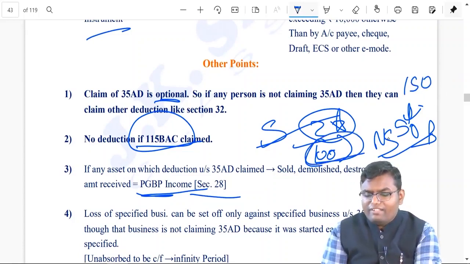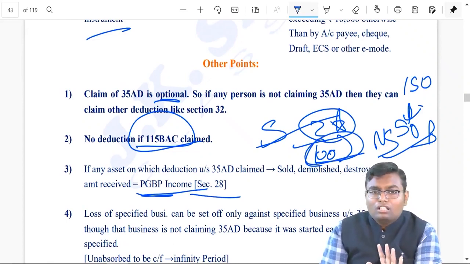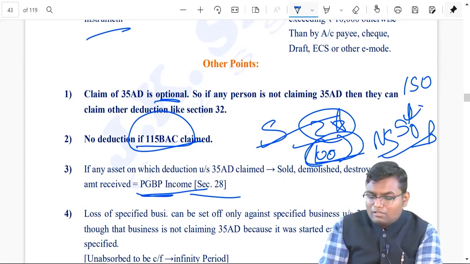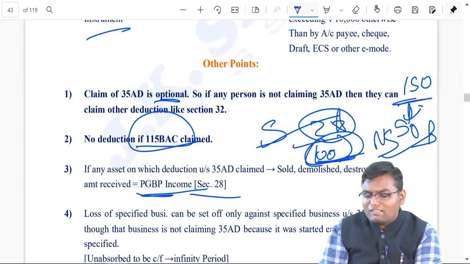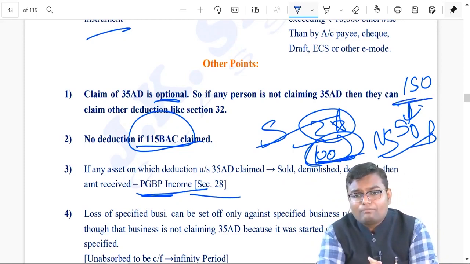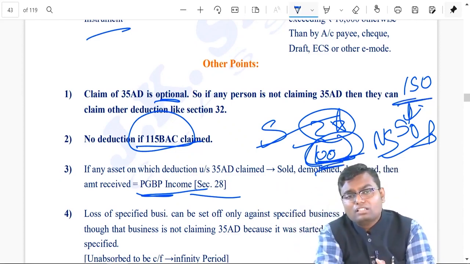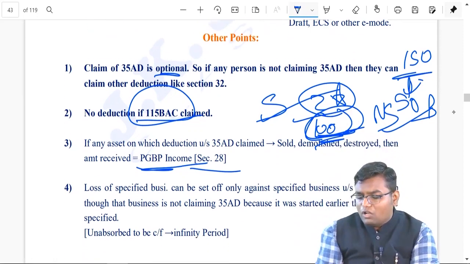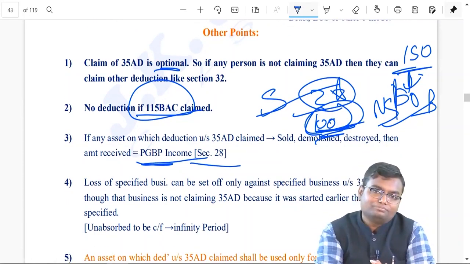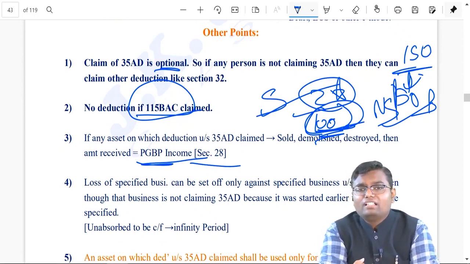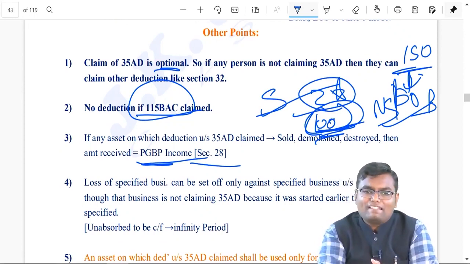Remember, section 35AD is an egoistic section. The loss cannot be deducted against other non-specified business. So this 100 rupees of loss I cannot set off against this 150 rupees of income. Compulsorily I have to carry forward this 100 rupees of loss. But instead if there would have been the hospital of 150 beds, even though in that hospital I am not claiming 35AD, still the nature of the business is specified, I could have set off the loss.